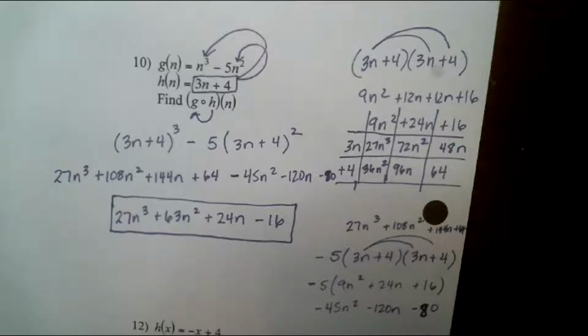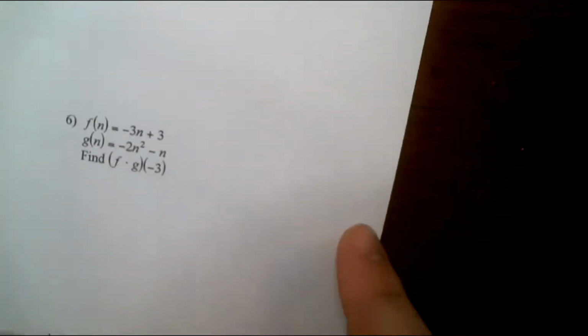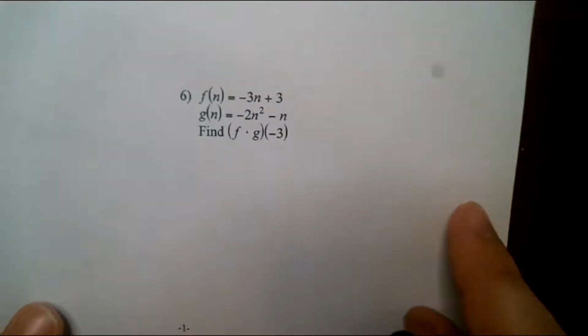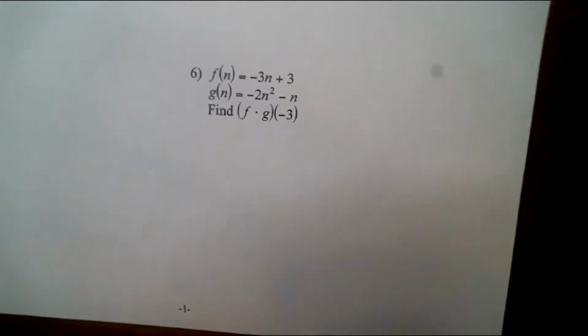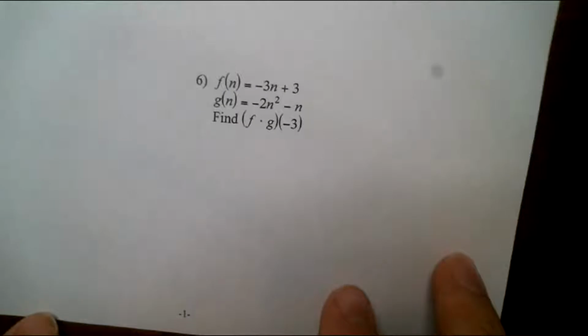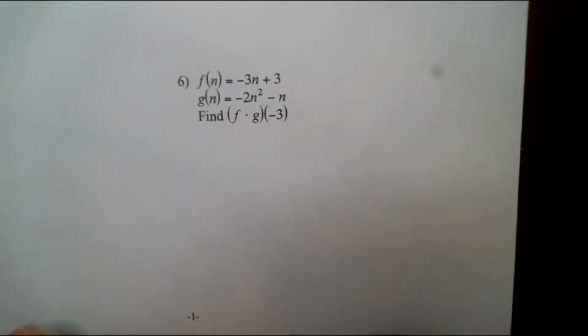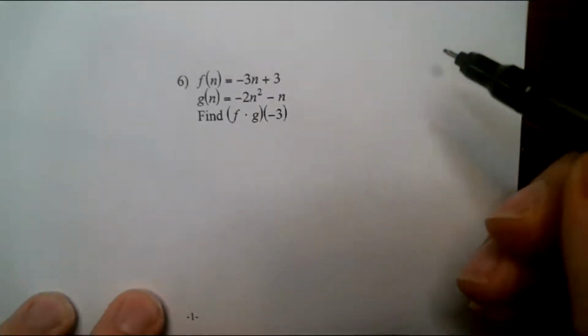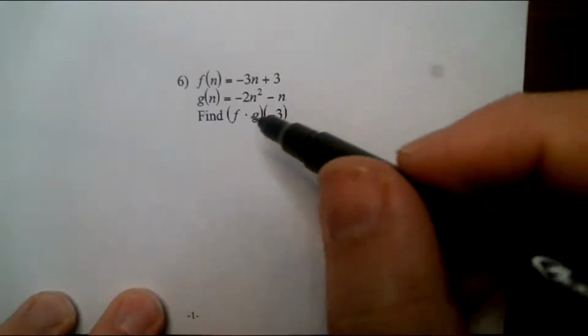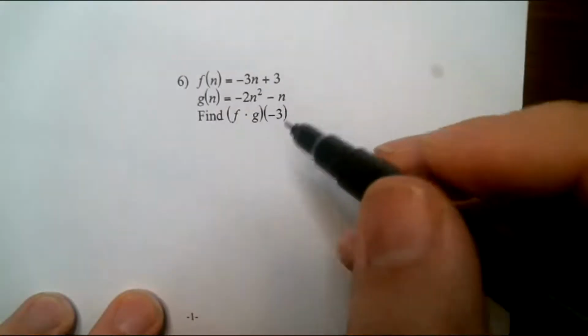Okay. Abby, you said 6. So here we go with number 6. It says f times g of -3.